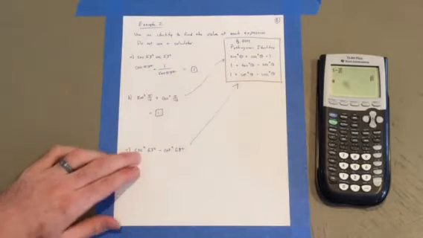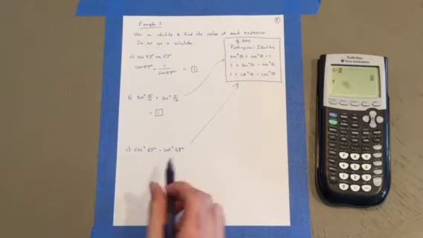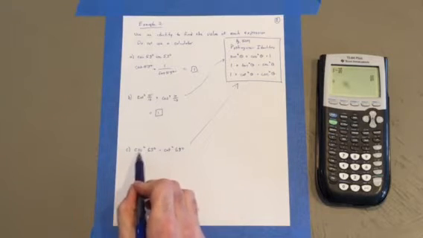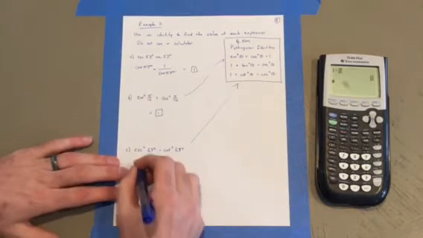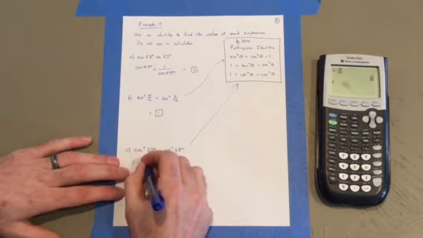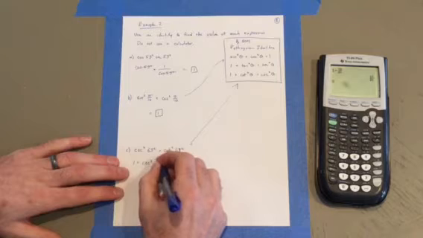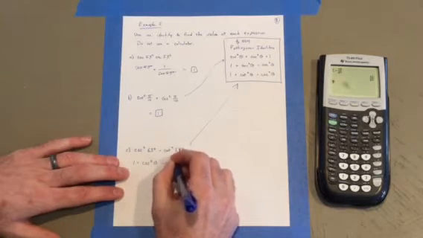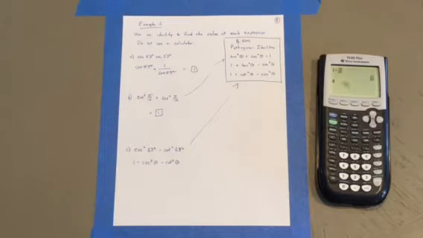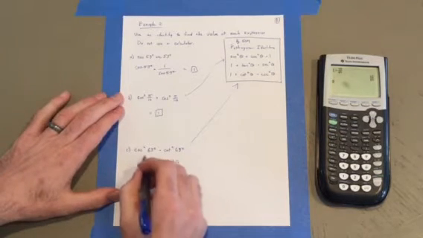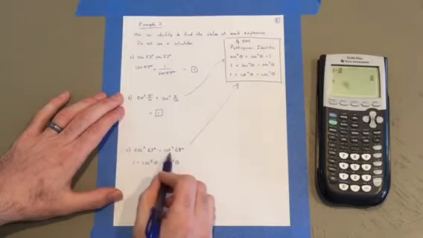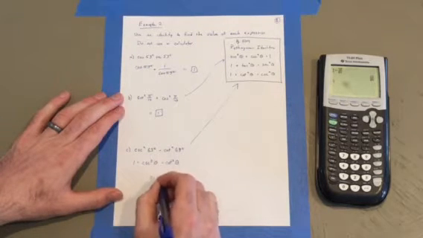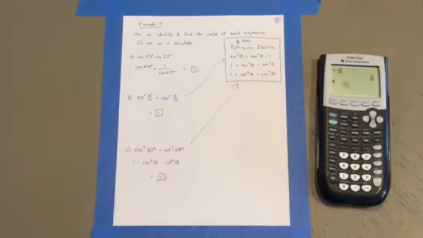We don't have a cosecant minus cotangent, but if I subtract cotangent from each side, I end up with 1 equals cosecant squared theta minus cotangent squared theta. And this is what I actually have: cosecant squared theta minus cotangent squared theta equals 1.